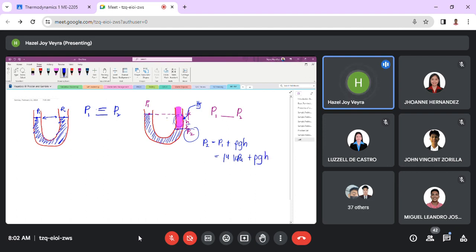So in this kind of manometer, when you see two different fluids and there's a height difference, P2 will be greater than P1. Okay? Clear pa?